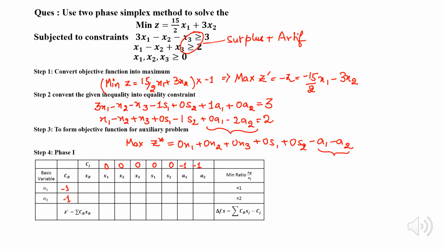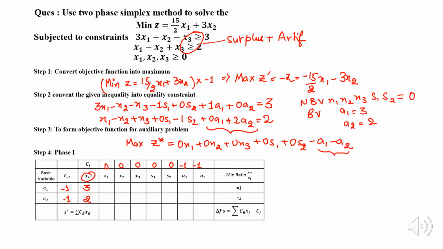Okay, now what are the basic variables' values? My basic variables are a1 and a2. So put the non-basic variables x1, x2, x3, s1, s2, all of them equal to 0. So you will get the basic variable values as a1 equal to 3 and a2 equal to 2. Here it is a plus sign. Okay, so my variables' values are 3 and 2.